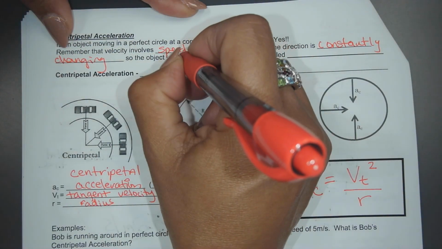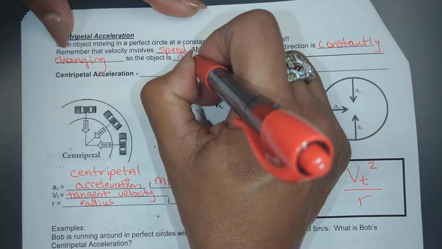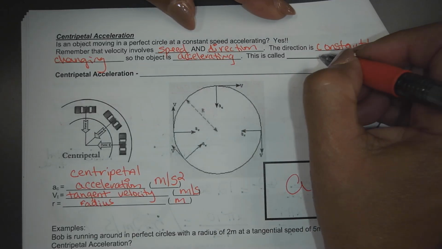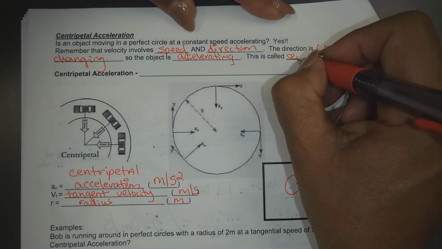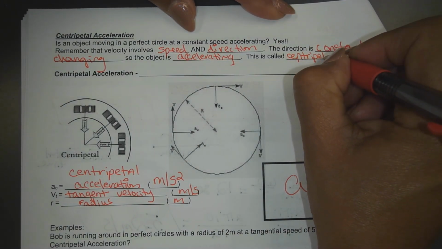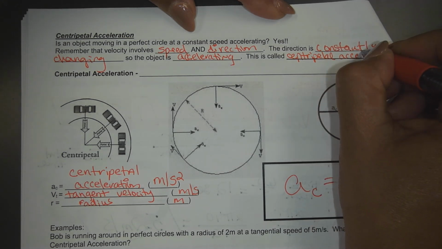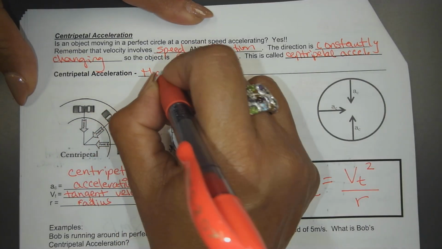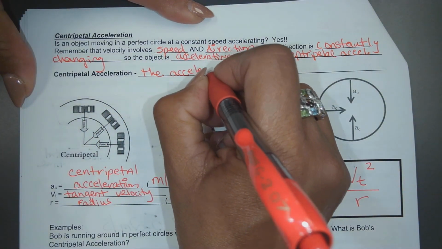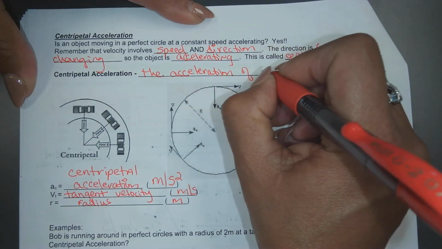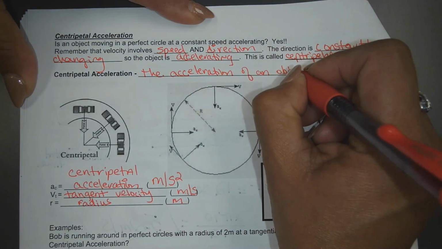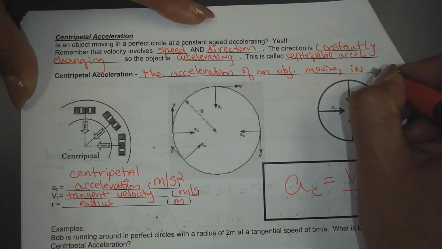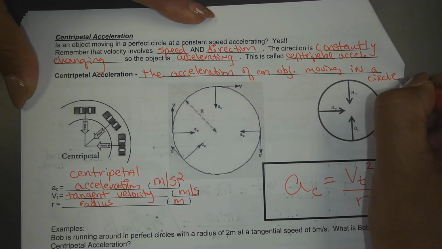So the object is always accelerating. This is what we called centripetal acceleration. Centripetal acceleration is the acceleration of an object moving in a circle.